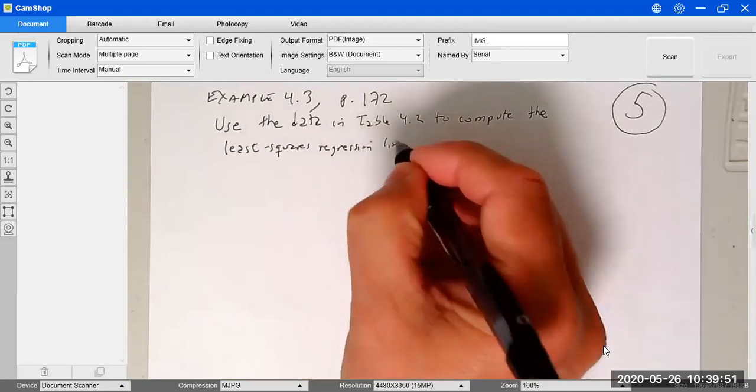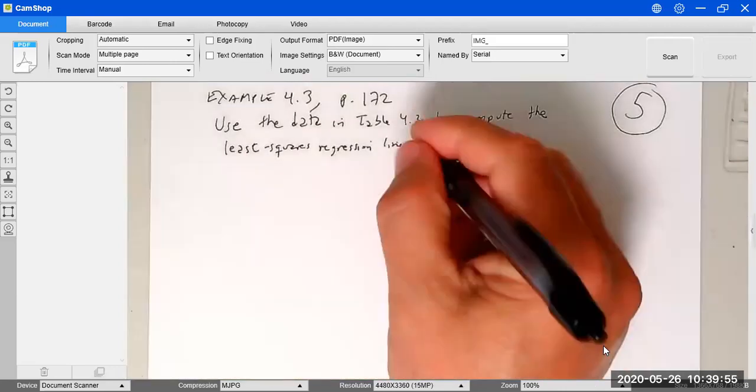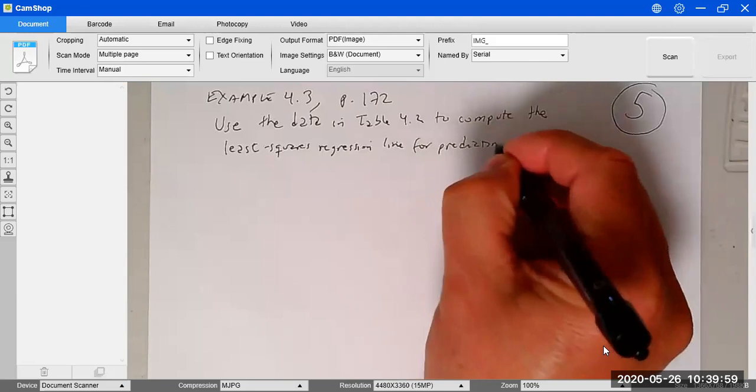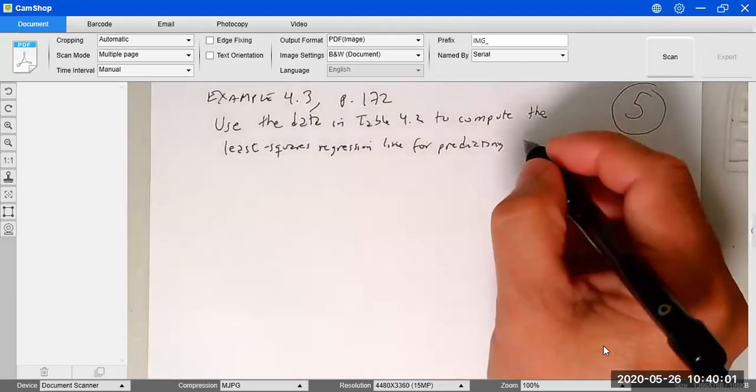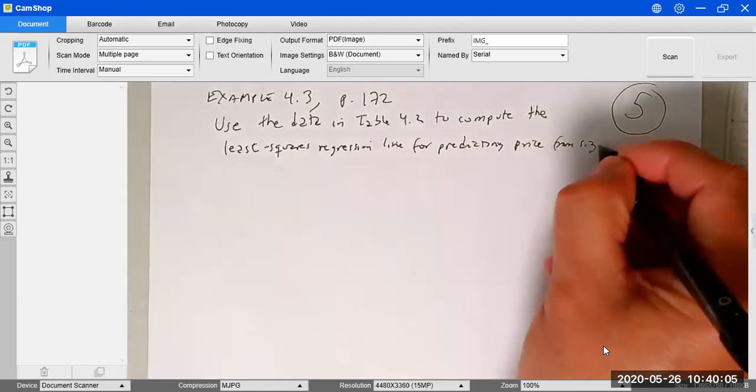That's the fancy mathematical statistical name for the equation of a line for predicting price from size.